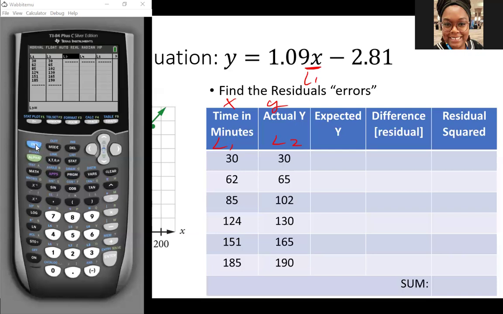To get to them, we press second. So we're going to start off by putting in our slope, 1.09, times our L1. And for L1, we press second, 1, to get it to say L1. Minus 2.81. So we're telling the calculator to take all of these values and plug them in for X. Does that make sense? And then we press enter, and guess what it does? It plugs it in for us.